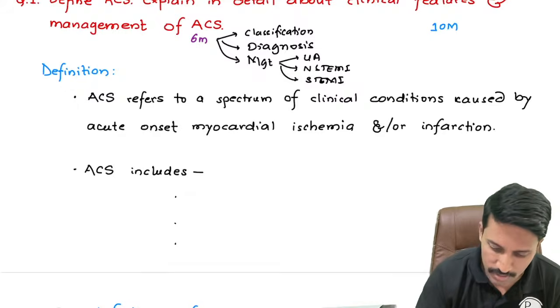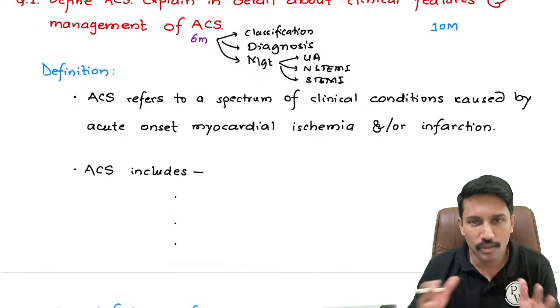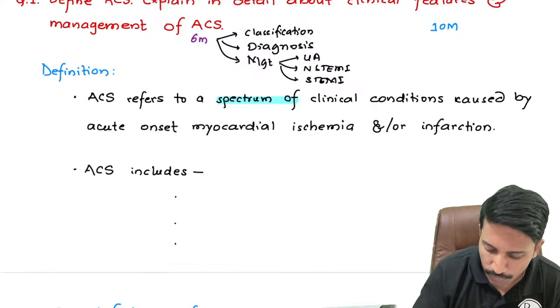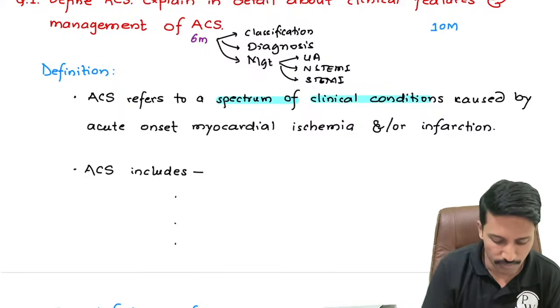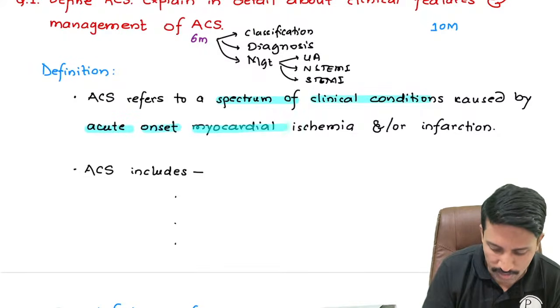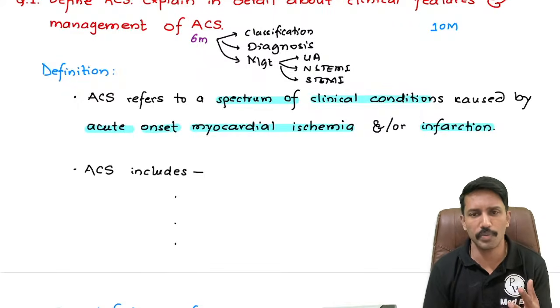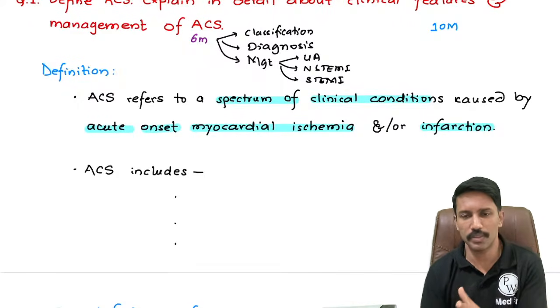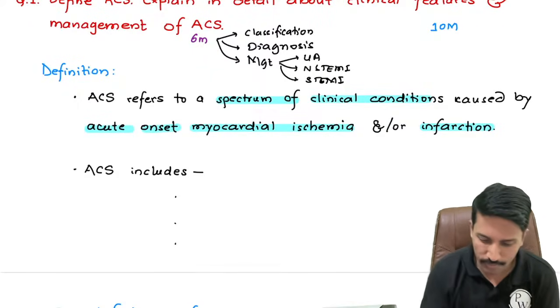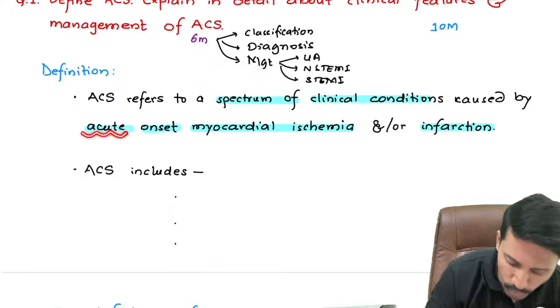Acute coronary syndrome is not one clinical entity, but a group of clinical conditions, a spectrum of clinical conditions, which are caused by acute onset myocardial ischemia or infarction. It need not be that MI should be there. At the same time, a very, very important point here is that it should be acute onset.